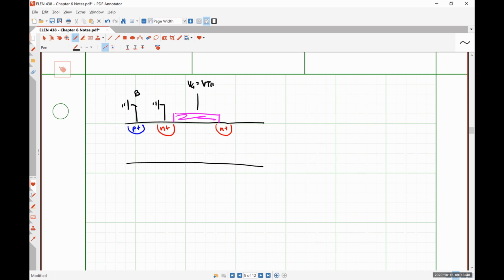VG is equal to VTH. And finally, we have VD less than VG for now.